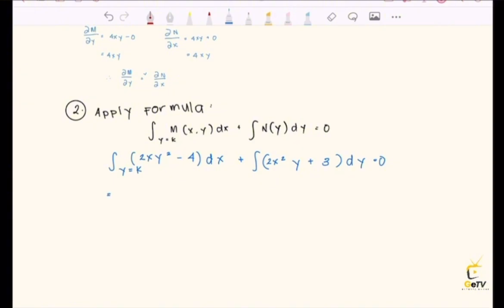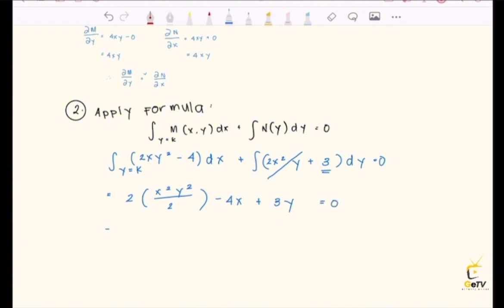So the integral of 2x will be 2 times x squared, then we're going to write the y since it is constant, over 2, minus the integral of 4, which is 4x, plus we're going to cancel the 2x squared y since there is no given constant here, and the integral of 3 is 3y, equals 0.